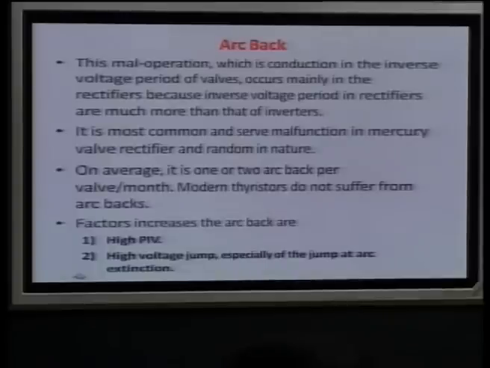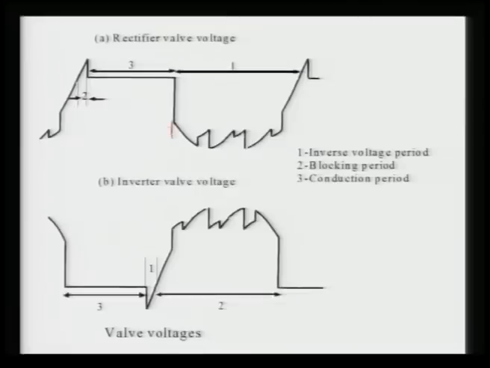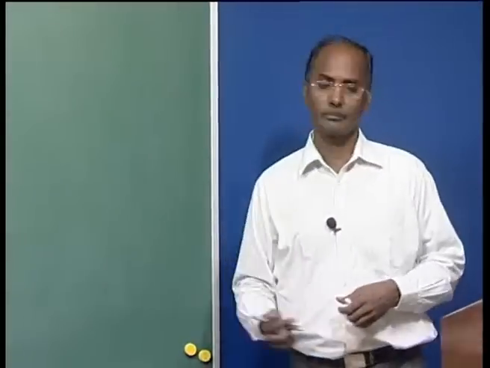If you see here, at the arc extension at this point, there is a very high jump, because it was conducting here and then the arc extension means it is off. A huge voltage arises here, and there is a possibility that at this time the voltage goes very high negative, and then it may conduct in this period.